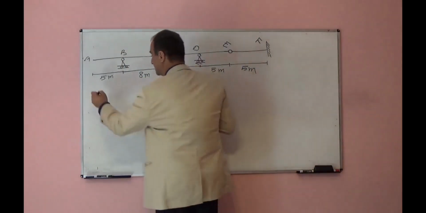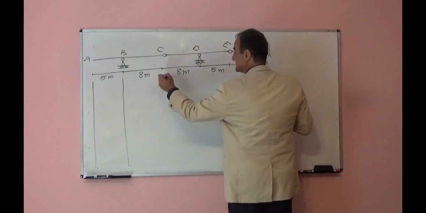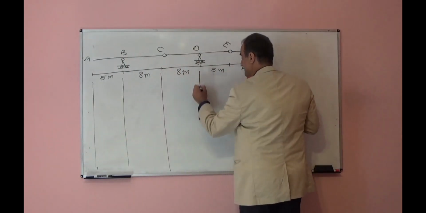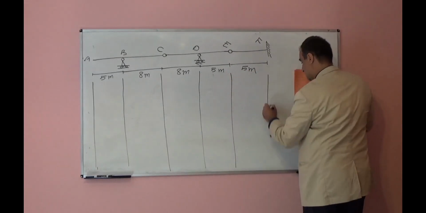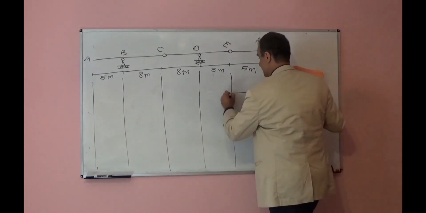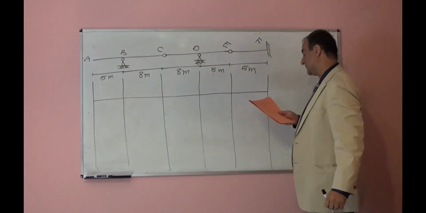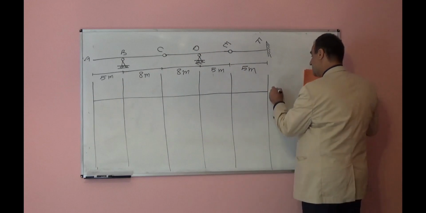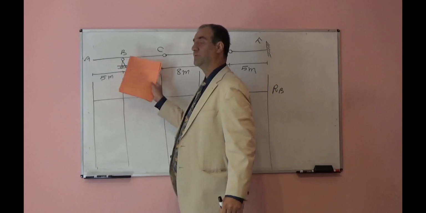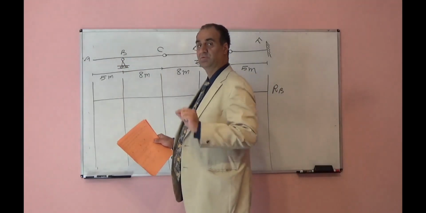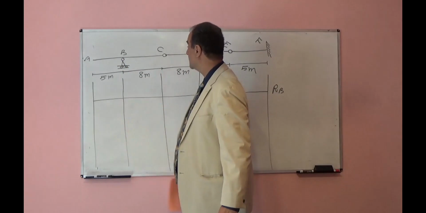Let's look at two different influence lines in this example. First one, reaction at point B. You will remove support B, you will apply unit displacement, you will shift up this point by 1.